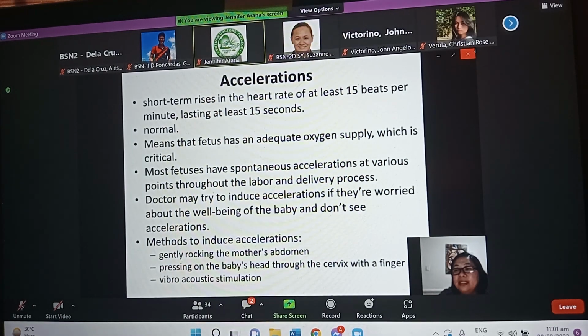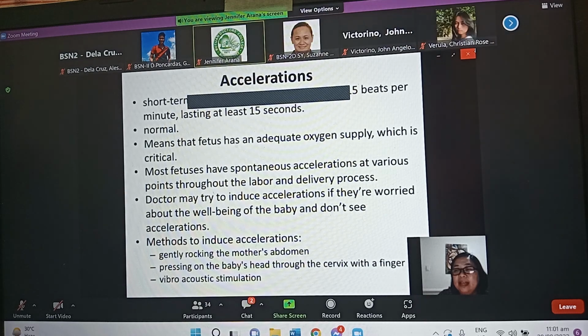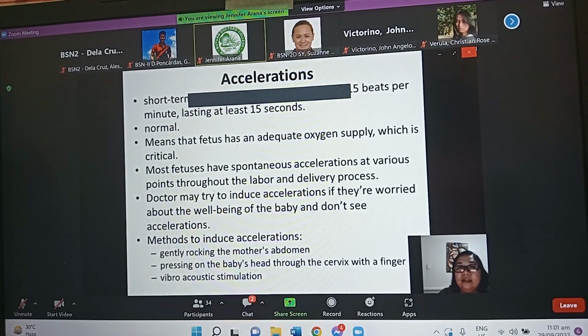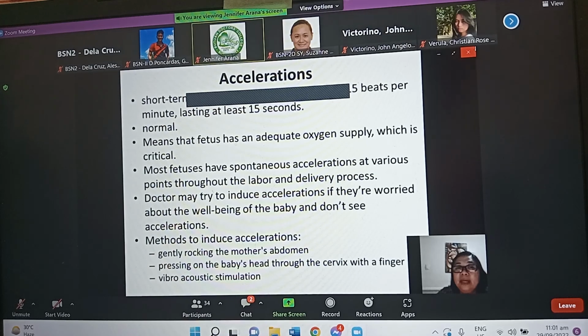An abrupt increase is defined as an increase from the onset of acceleration to the peak in less than or equal to 30 seconds. It is a short-term rise in the heart rate of at least 15 beats per minute, lasting at least 15 seconds.